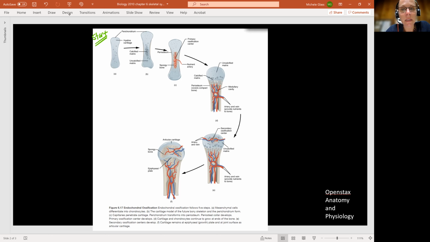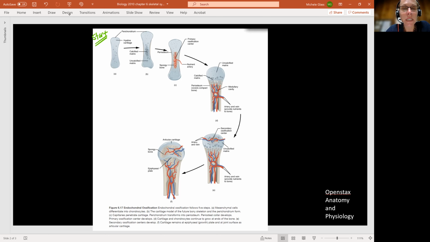We see spongy bone forming, making that medullary cavity, putting those blood vessels into that diaphysis. And then we begin to see the secondary ossification center when we get blood vessels penetrating the epiphyses.